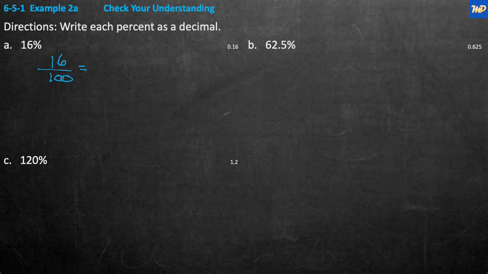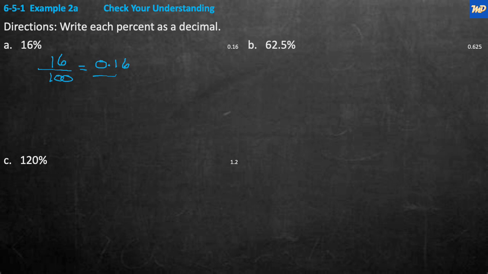So from the 6 to the 1. Okay, so we're going to go 0.16. That is 16 hundredths. And you could say that just this way too. 16 hundredths. Okay, there's that one.